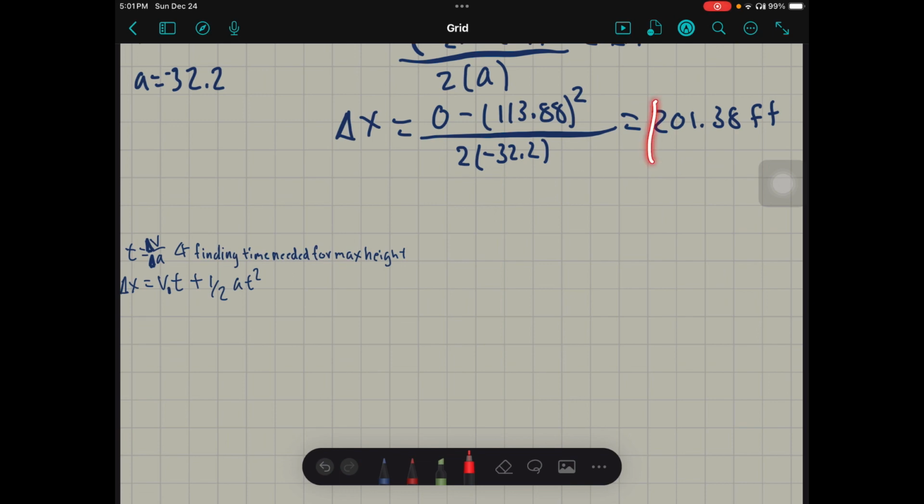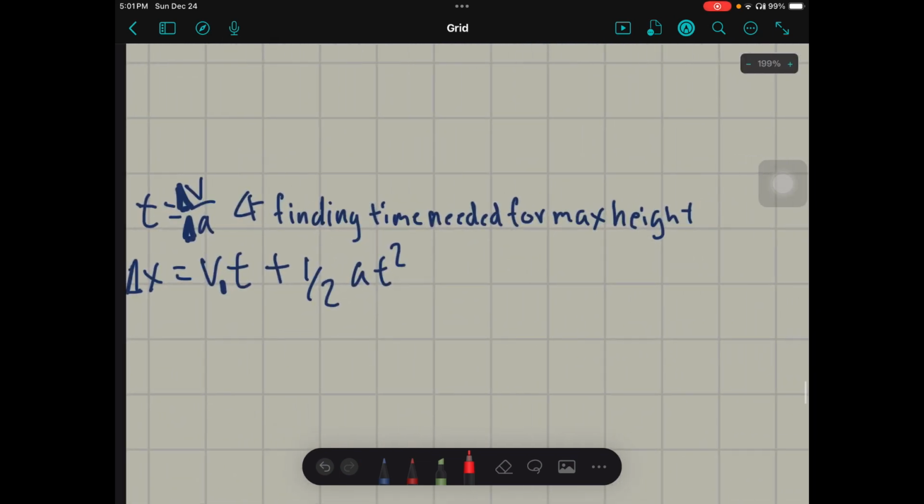Okay, so now that we have this answer, we can solve it using time. We know that time equals the change in velocity over the acceleration. But one thing about time is that when you're solving for time using this formula, you're finding the time for the maximum height.